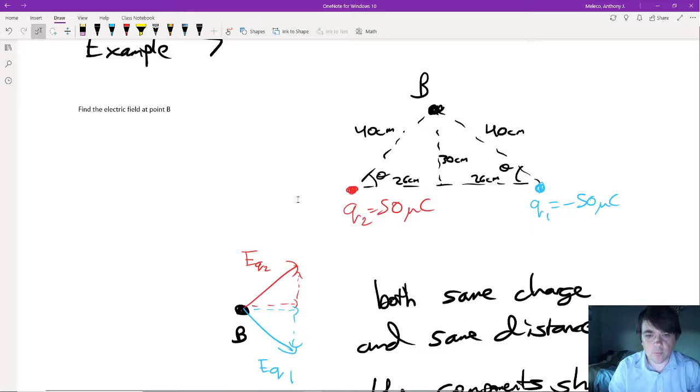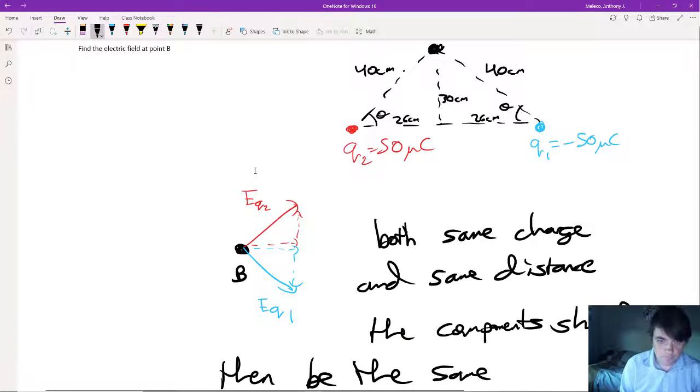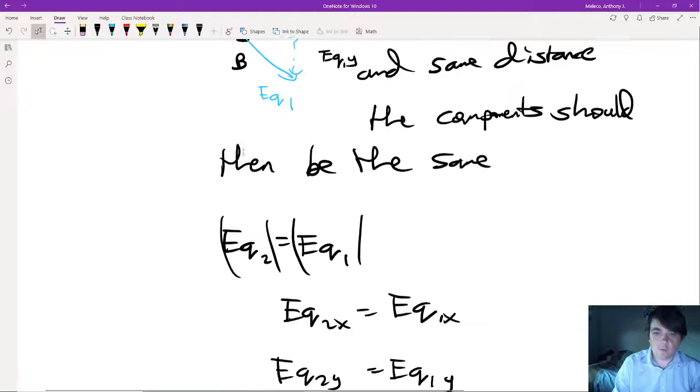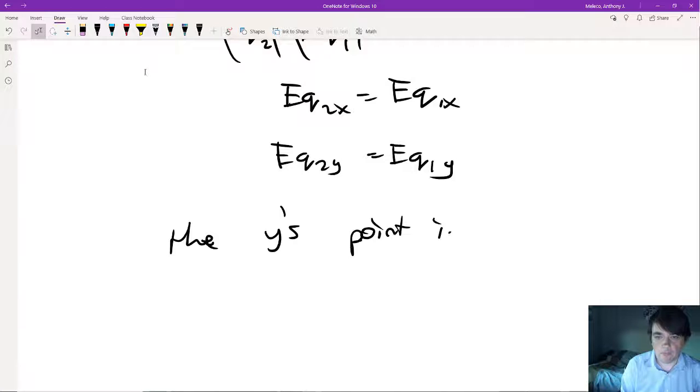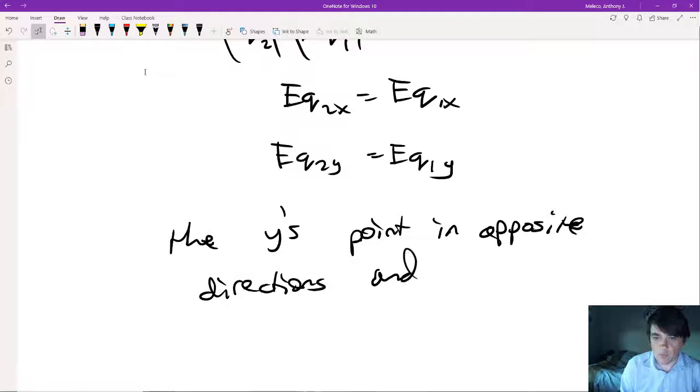But if you check this out, one's pointing up and one's pointing down. So the y's point in opposite directions and thus cancel.